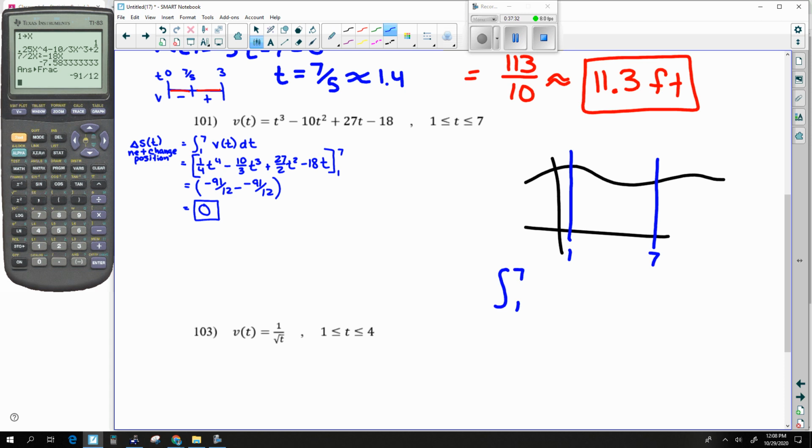I could absolutely do that. But it would also be the same thing as saying, hey, I want to integrate from 1 to 2, and 2 to 4, and 4 to 7.